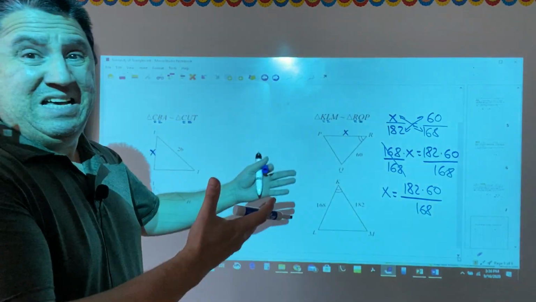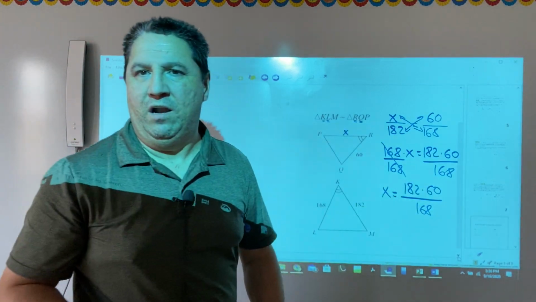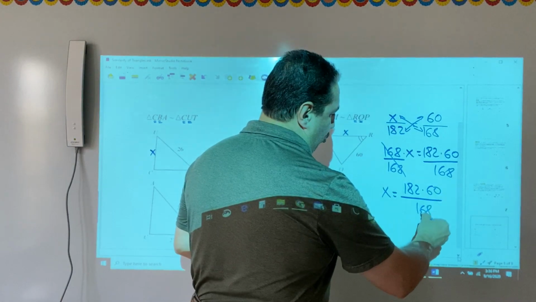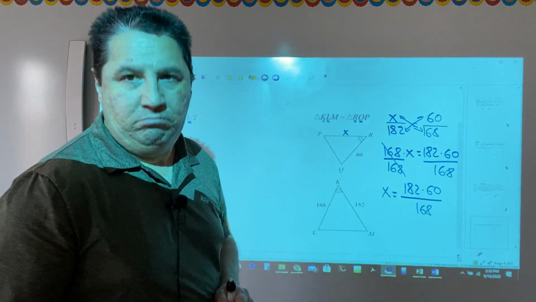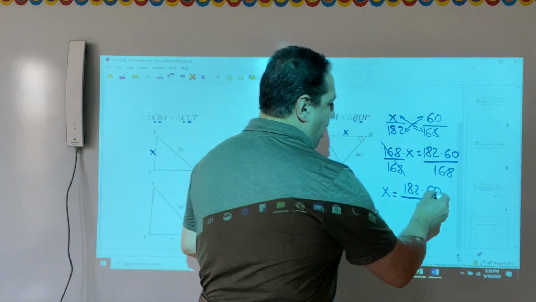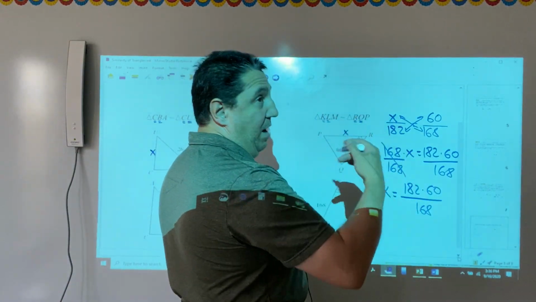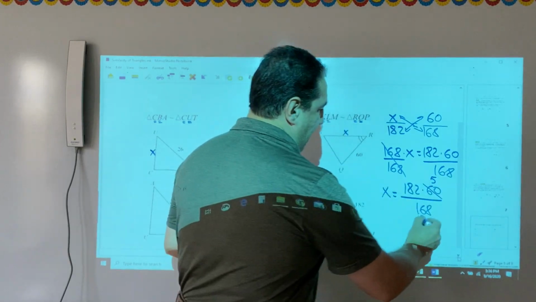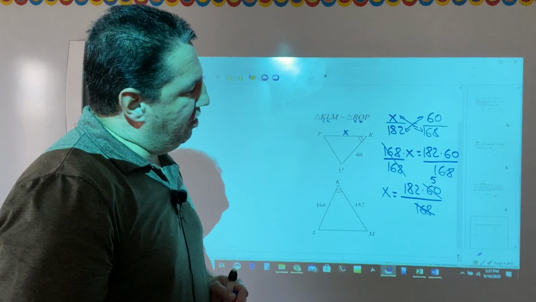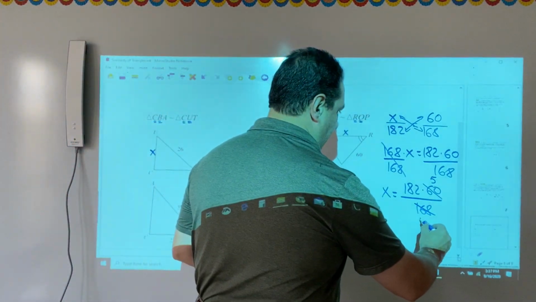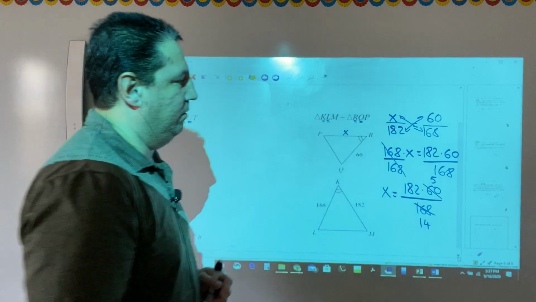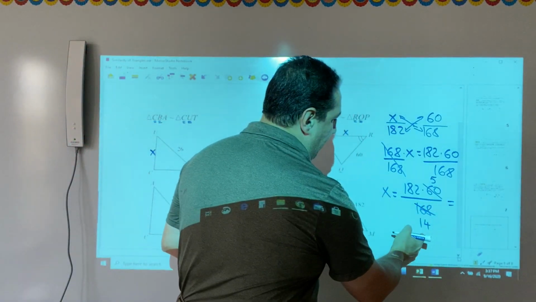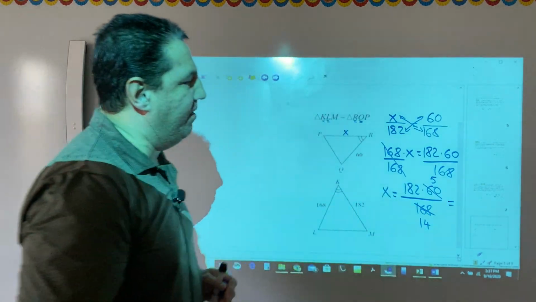Good. Because we deal with large numbers, we simplify. Now, if you look at these two numbers, I think the largest common factor would be 12. So you're going to get 5 here, and here you're going to get 14. Good. Then we look at 182 and 14.